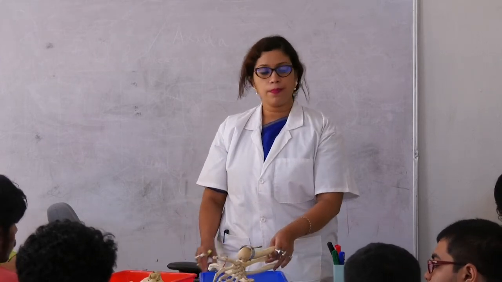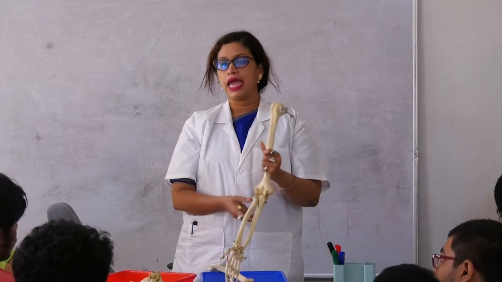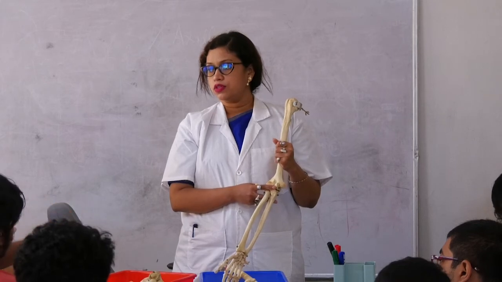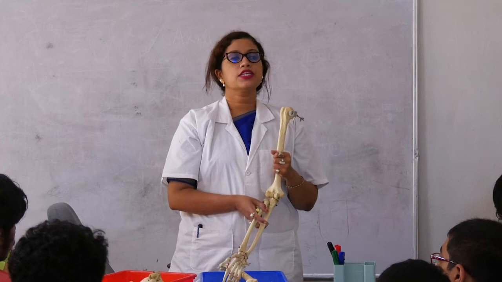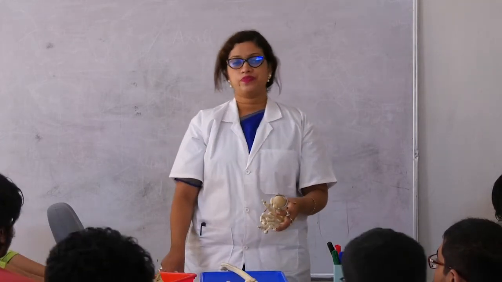The primary center is in the shaft. There are three secondary centers above: one for the head, one for the middle tubercle, one for the distal tubercle, and four for the lower end, including the epicondyle and capitulum. And when do they fuse? At the age of 20. Okay, now write down the clinical aspects.